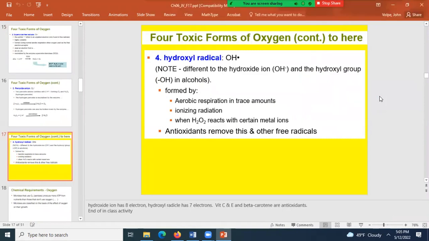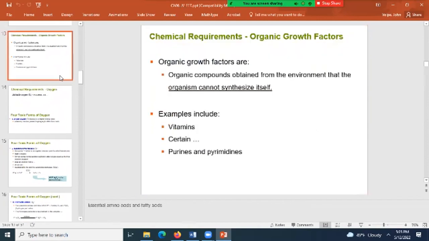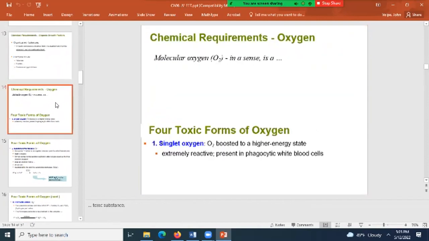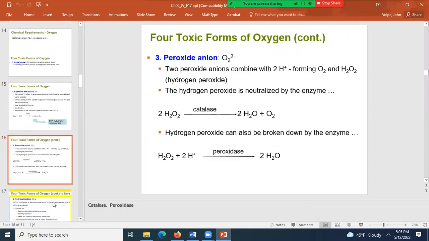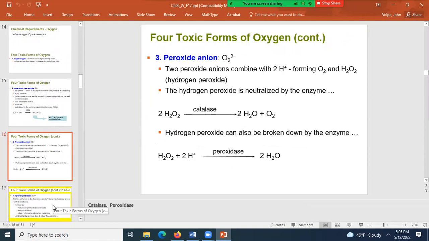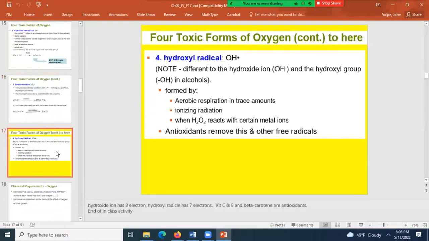So we had talked about the 4 toxic forms of oxygen last time: singlet oxygen, superoxide free radicals, peroxide anion, and then the hydroxyl radical.